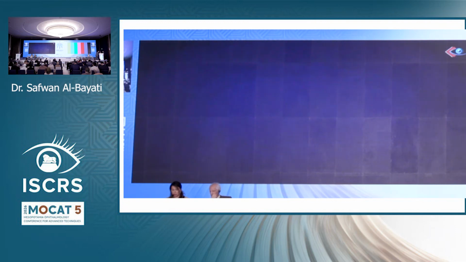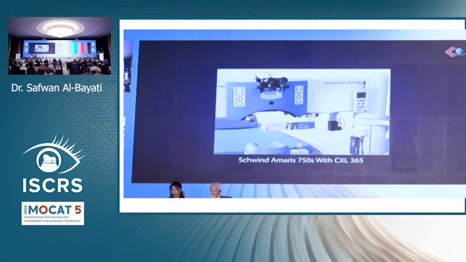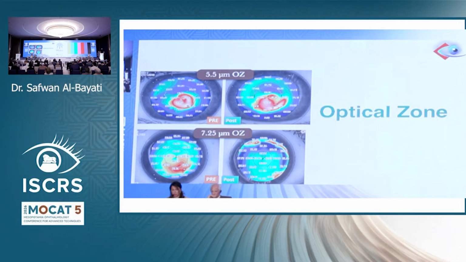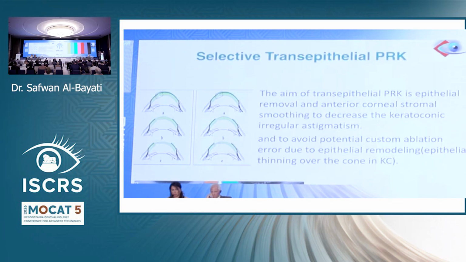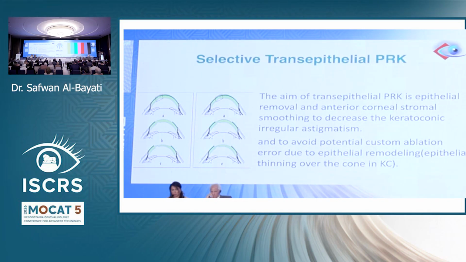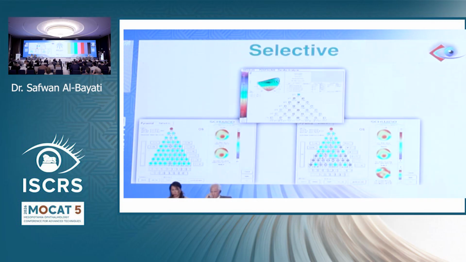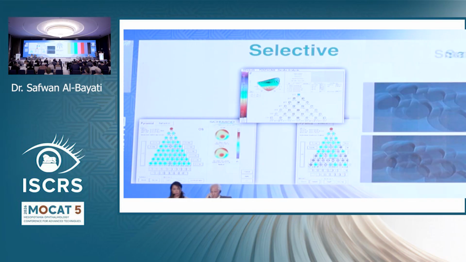So the aim is to treat 50 micron and not less, and the stroma should not be less than 350. 100% transepithelial, 100% selective in a way that we can select only the clinically significant.